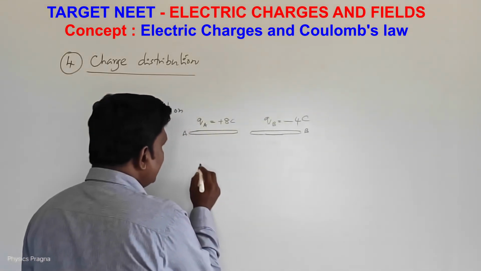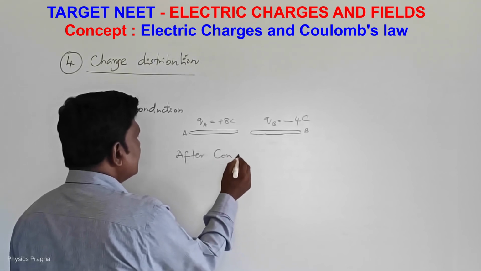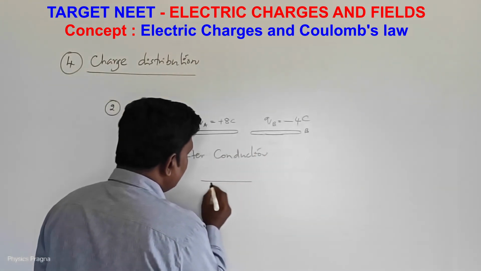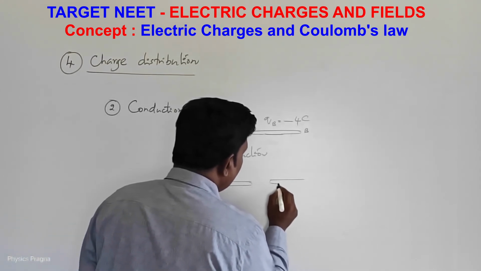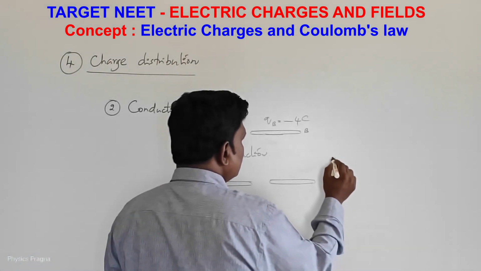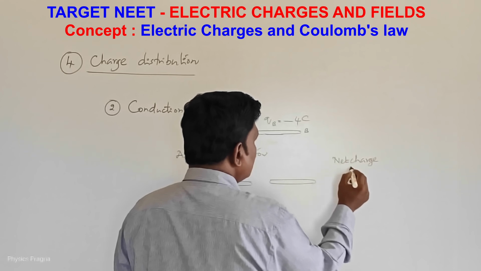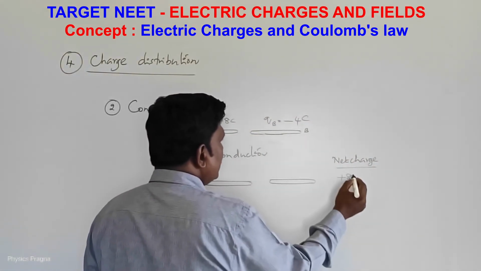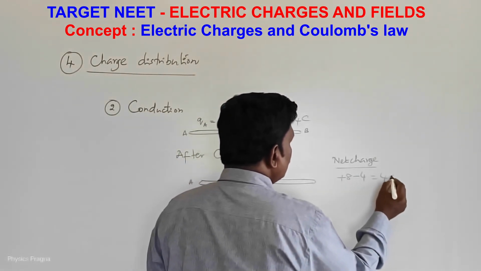Then after conduction, what happens? See, this is body A, this is body B. Here, net charge is plus 8 minus 4, that is equal to 4 Coulomb.